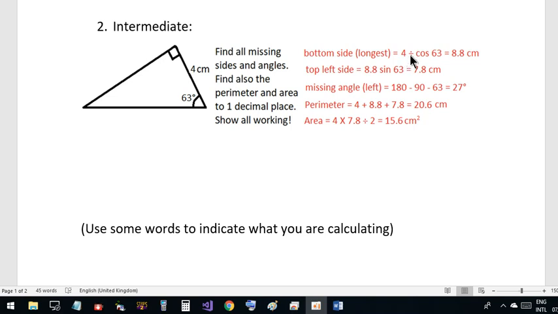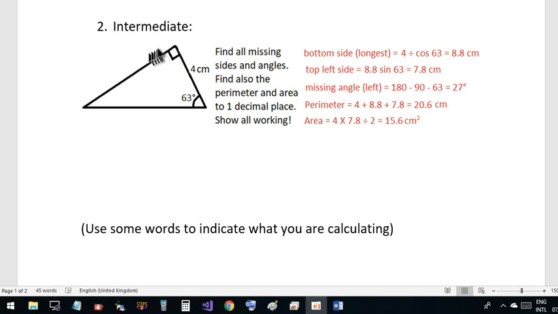4 divided by. Now, notice that that 4 is right next to the 63 degrees, and when that's the case, we're certainly not dealing with the opposite at all. This is the one that's further away. The hypotenuse is next to 63 degrees too, but the important thing is, are we dealing with the opposite or not?